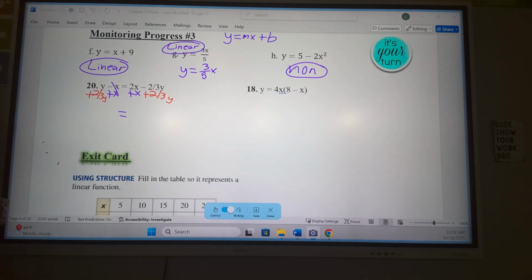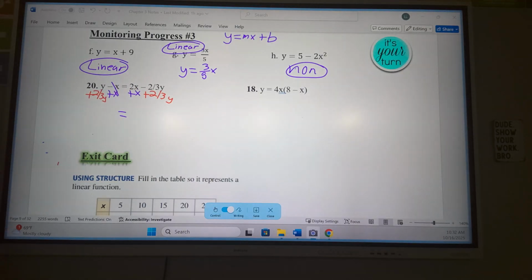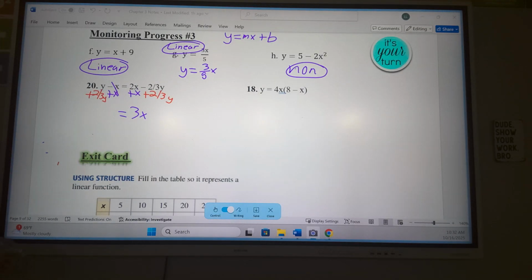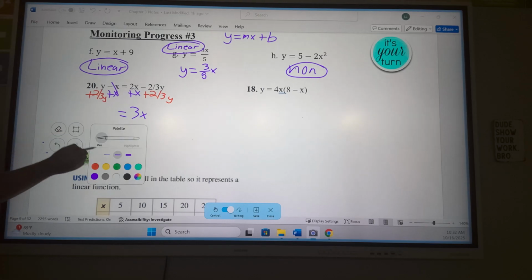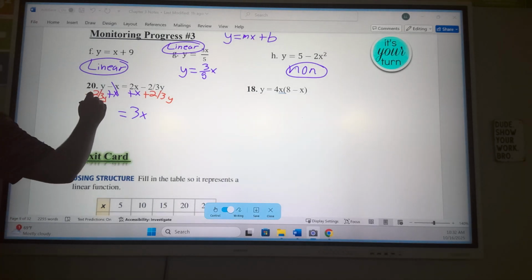Our x's are canceled there. We just have y over here. 2x plus x, 3x. Okay, let's worry about our y now, which is in the red, right? Y, which is 1 plus 2/3 y, is either going to be 5 over 3 y or 1 and 2/3 y. I want to put 5 over 3 y. I think this is easier.